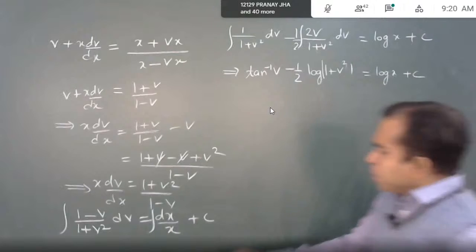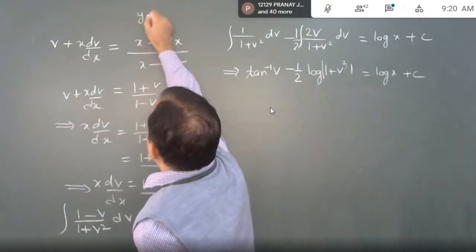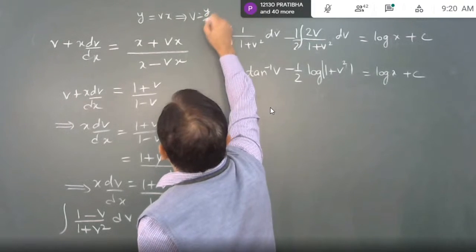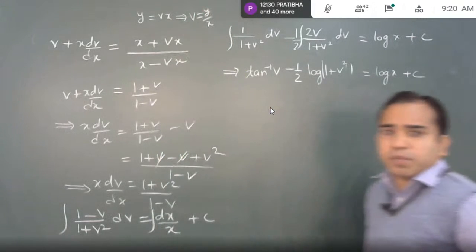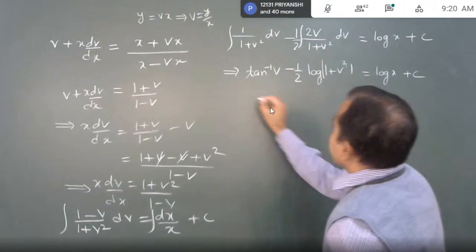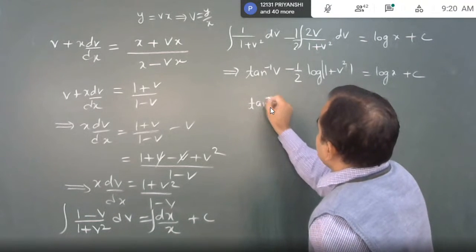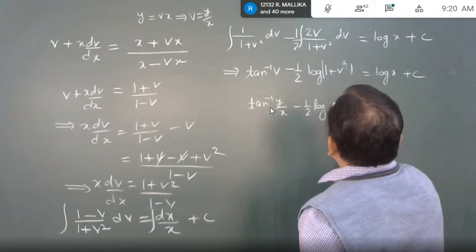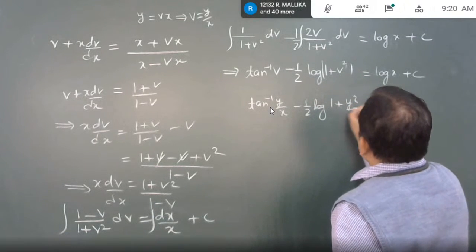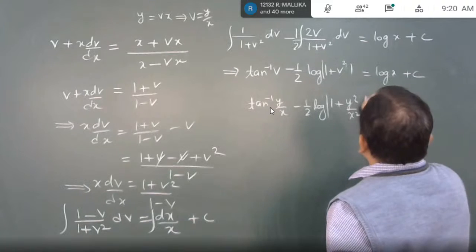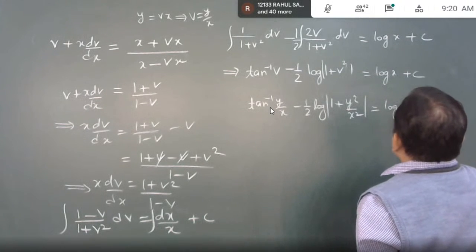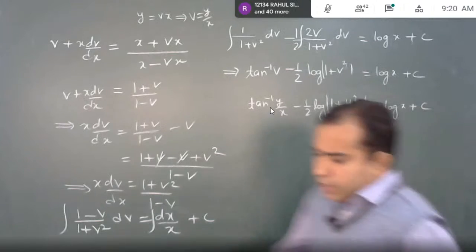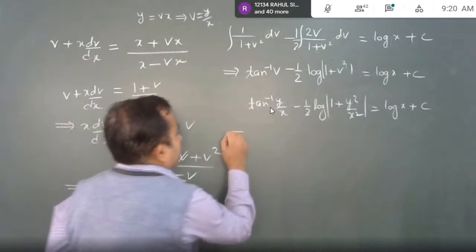Now the v value can be substituted because y equal to vx it was, so it means v equal to y upon x. So let me put the value of v, which is y upon x, everywhere. So tan inverse y upon x minus half log 1 plus y square upon x square equal to log x plus c. Okay, I think we can take LCM here and simplify.